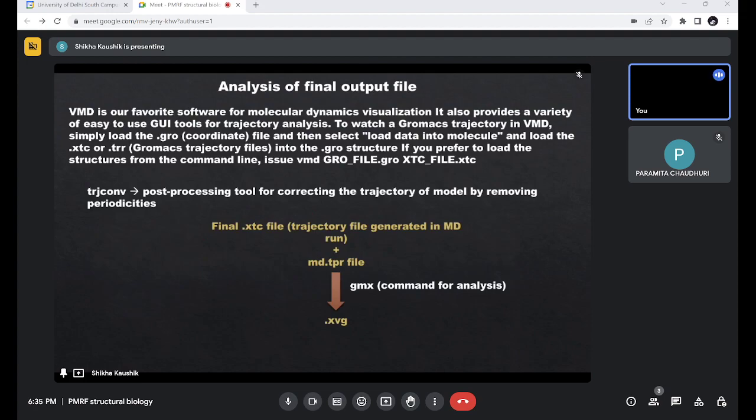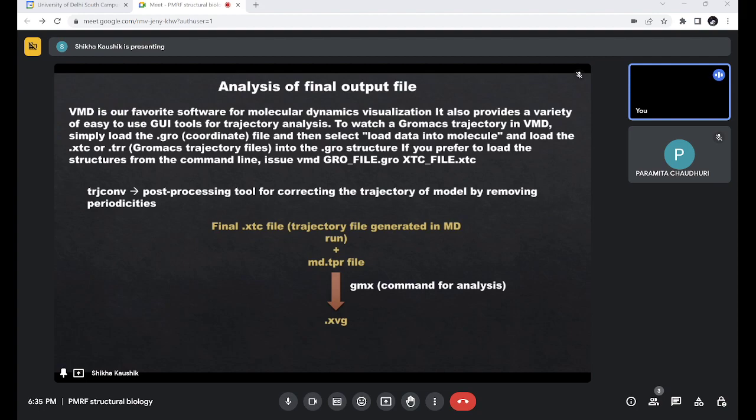And if I talk about the analysis part of your molecular simulation, you try to understand whether you have achieved the real state or not, and you try to analyze various parameters that show that your model is exact or a near copy of your real system. So you have the VMD software which helps you analyze your molecular dynamics.